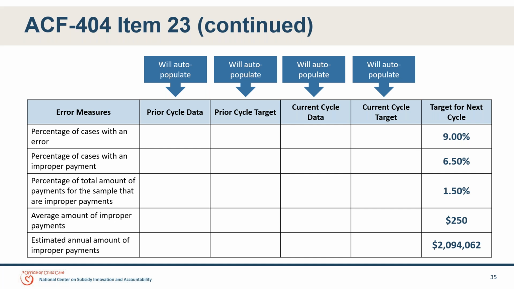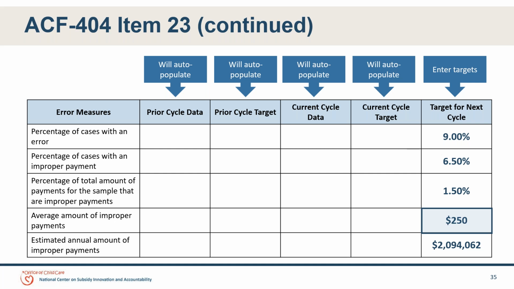And just a couple of things to keep in mind as you set those targets. First, thinking about that fourth target, the second one from the bottom, that is your average amount of improper payments. We understand that this average may not necessarily go down from cycle to cycle.